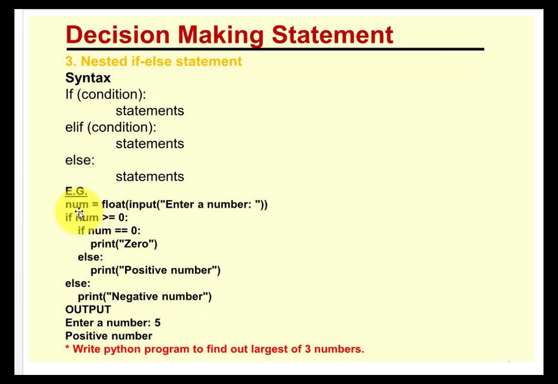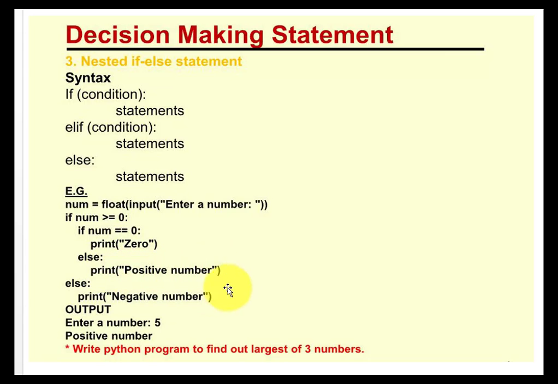For example, the user inputs 10. So what happens? Is 10 greater than or equal to 0? Yes, it is true. Then the next condition will be checked. Is 10 equal to 0? No. That condition will be false, so that statement will be executed.